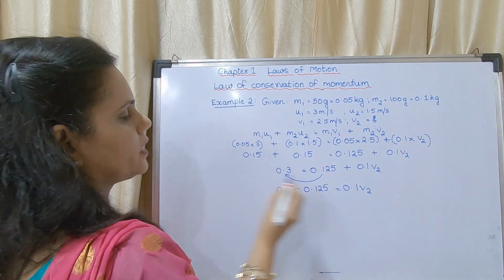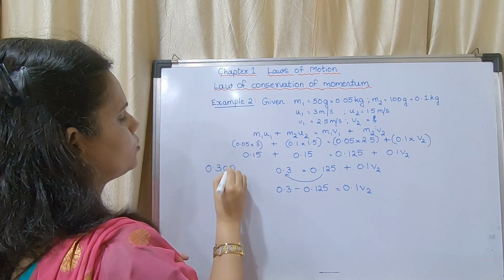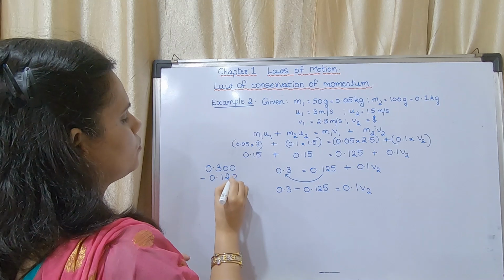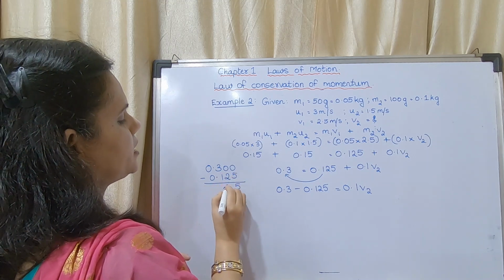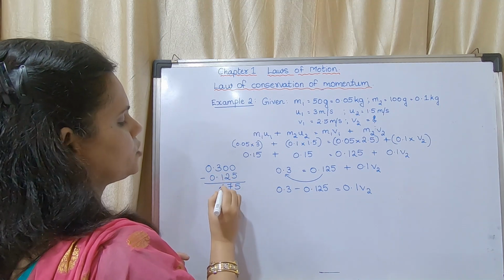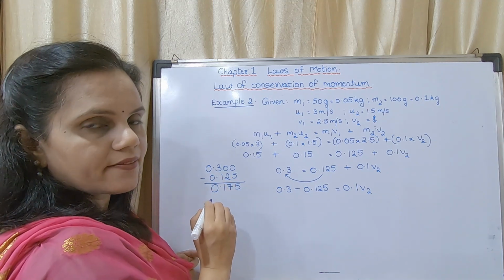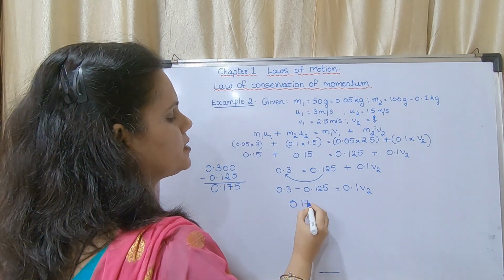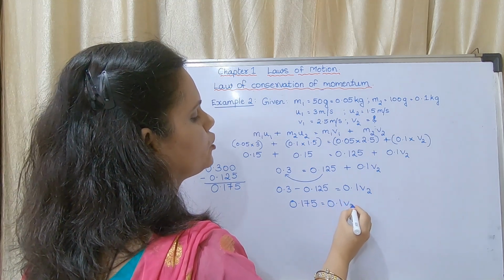So how will you calculate it? 0.300 minus 0.125. 10 minus 5, 5. 9 minus 2, 7. 2 minus 1, 1. So it will become 0.175 is equal to 0.1 v2.